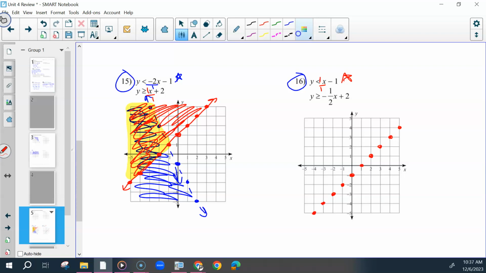Dash or solid? Dash. So you can just draw arrows at the end unless you want to draw little tick marks in between. It is less than, shaded below or above? Below. So below from your y-intercept would be underneath, so all of this down here.